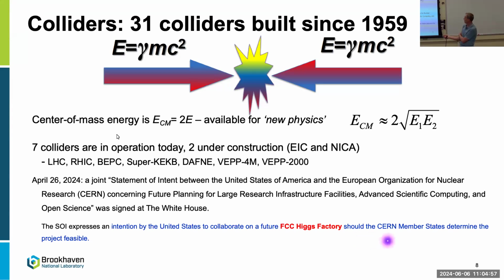For a symmetric collider, the center of mass energy is twice the energy of the two beams. For an asymmetric collider that we are building, as the electron ion collider, it's roughly twice the square root of the product. Okay.